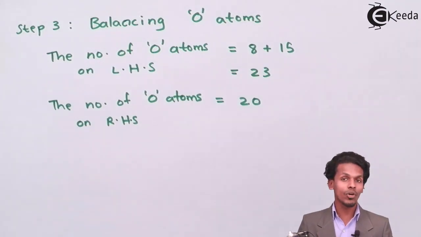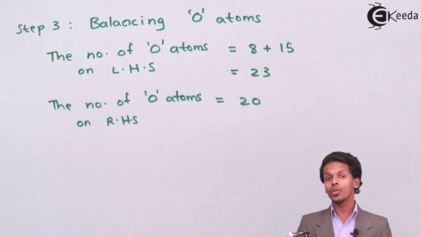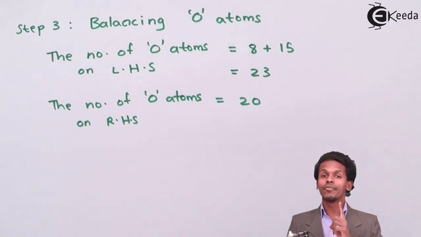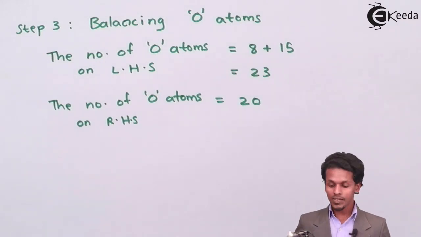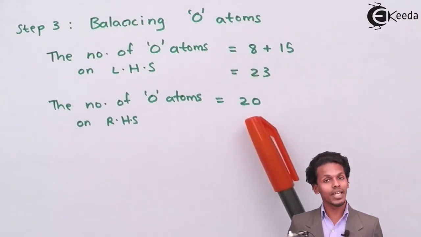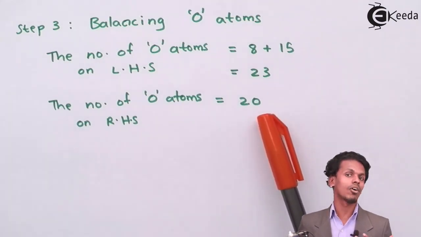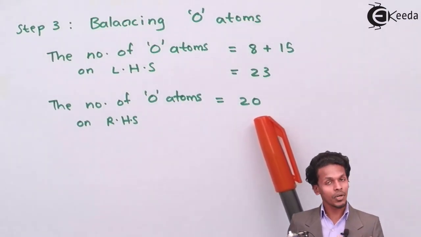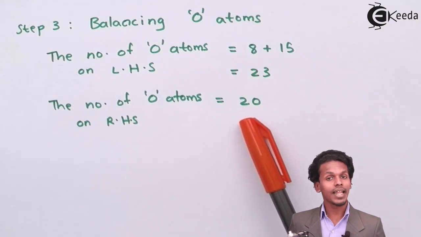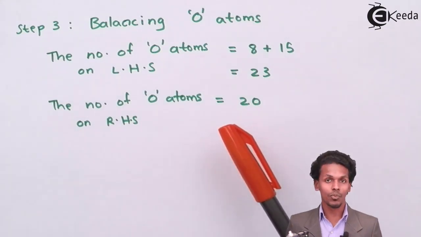So we will add water molecules, but one water molecule consists of only one oxygen atom. Because there are 3 oxygen atoms deficient on the product side, we'll add 3 times H2O molecules.